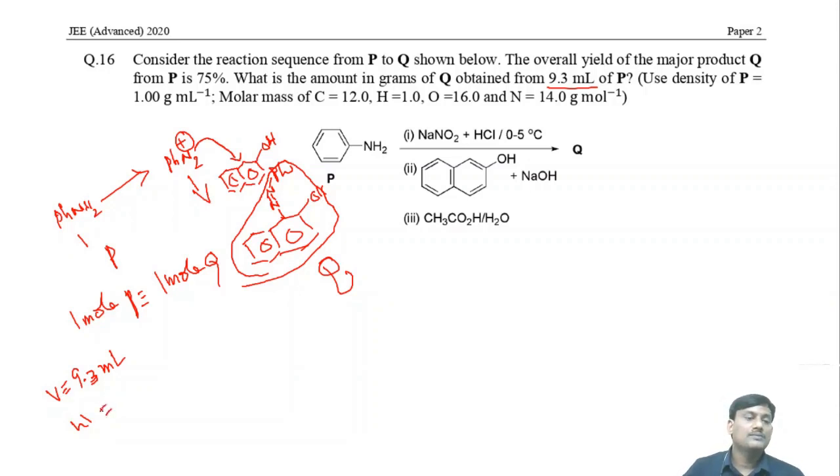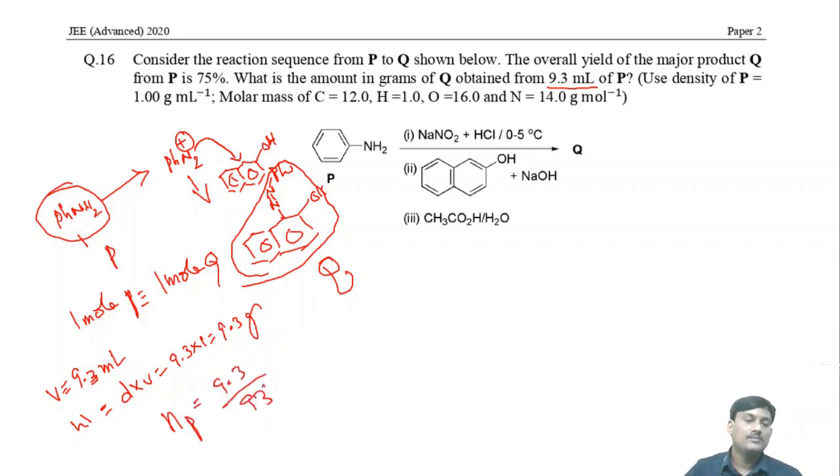Mass is equal to D into V, which is 9.3 into 1, so it will be 9.3 grams. Then how many moles of aniline are participated? The molecular weight of aniline, if you calculate, you will get 93 grams. So the number of moles of P is equal to weight, 9.3 by 93, which is 0.1 mole.